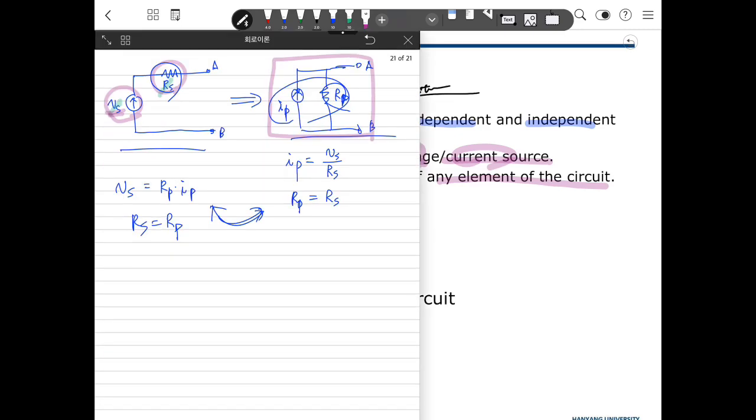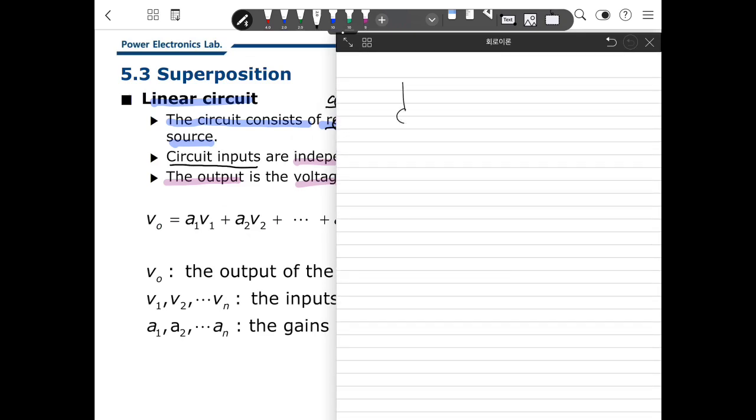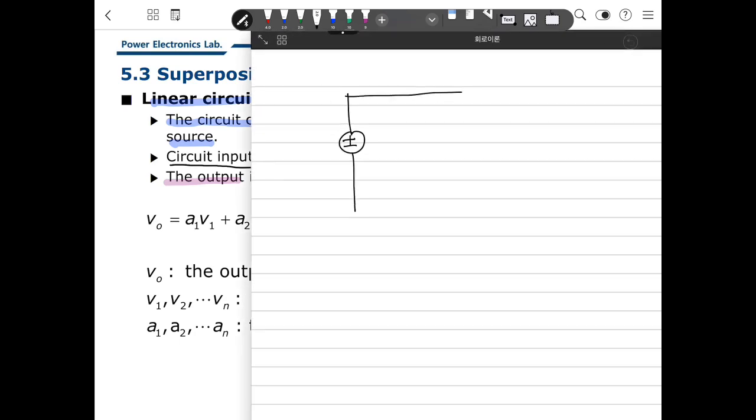Then this is the way to explain it here. If we have a circuit in this way, with a resistor here and a resistor here, that is V1, that is R1 and R2. Their value is VO.